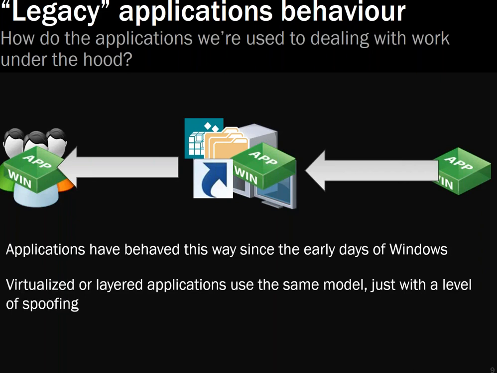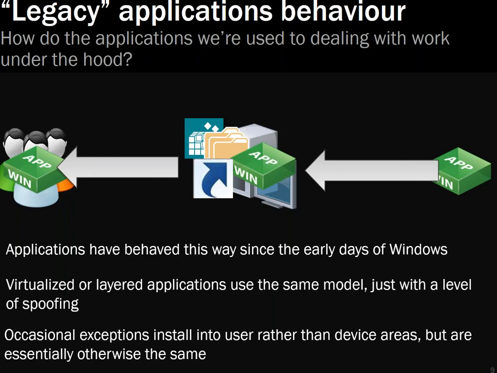Virtualizing or layering the applications, or doing anything clever with them, or containerizing them, they work around the exact same model. They just have a level of spoofing that goes in there to fool the operating system into thinking that things are in places when in effect they're not. So under the hood, the application delivery and functionality is exactly the same. It always has been, and this just puts a layer of spoofing on top of it.